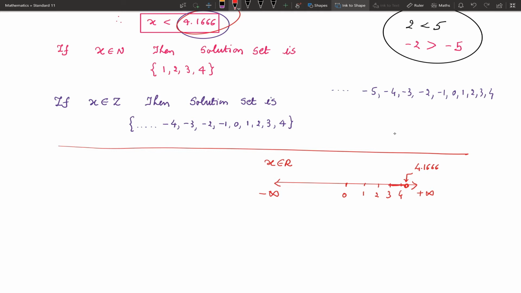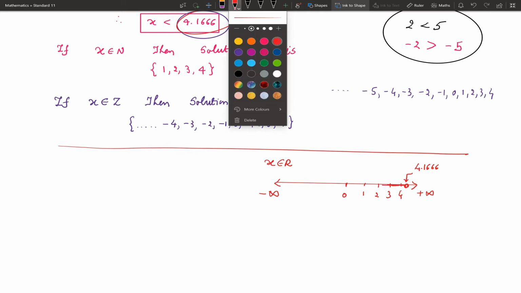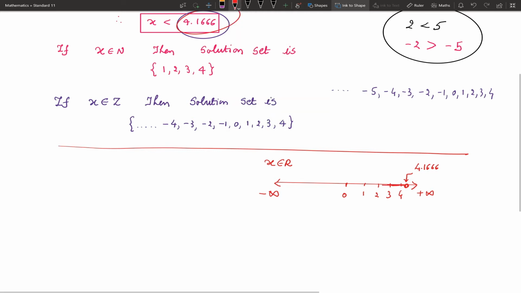So all these real numbers will belong to the solution.